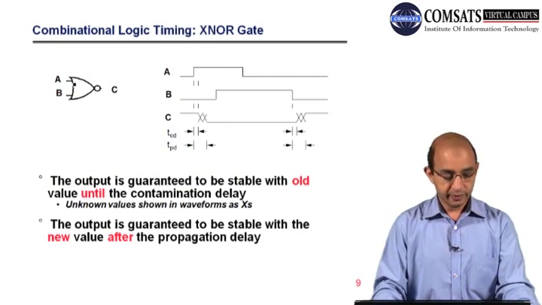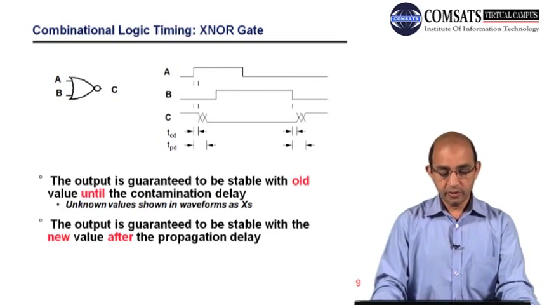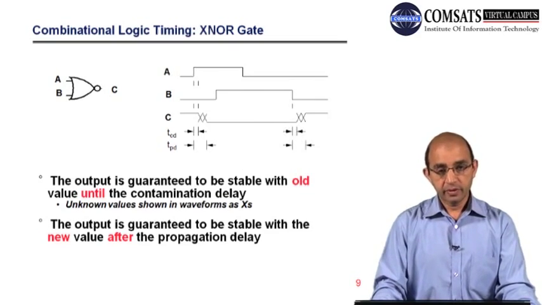We have a NOR gate with two inputs and this is the output. Here we have mentioned the contamination delay and the propagation delay. The output will remain stable with the previous or old value until the contamination delay.